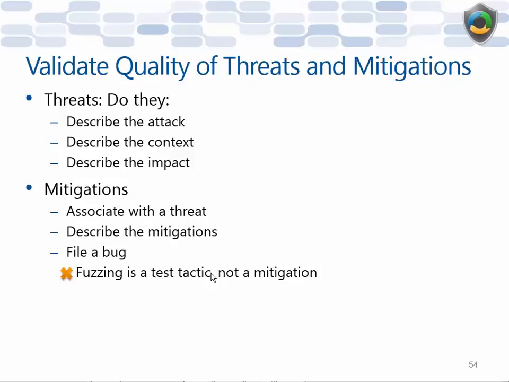With negative fuzzing, you're putting in outrageous inputs to see how the system reacts. What you're trying to guarantee is that the system works as it should, and that if non-standard inputs are put in, the system can survive. But as it says, it's a way of testing, not a way of mitigating.